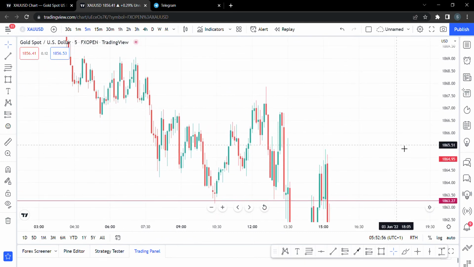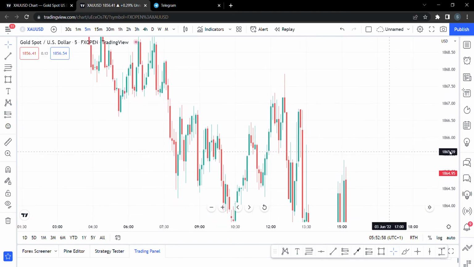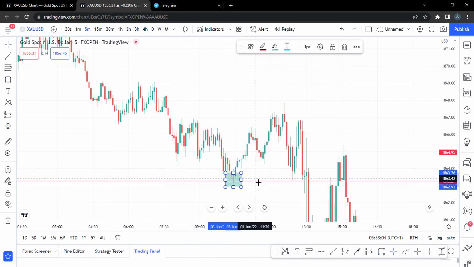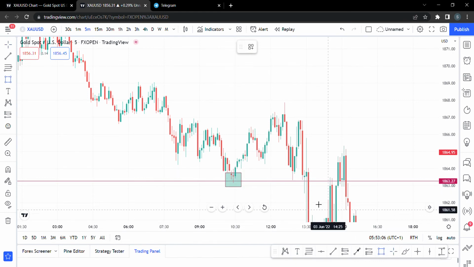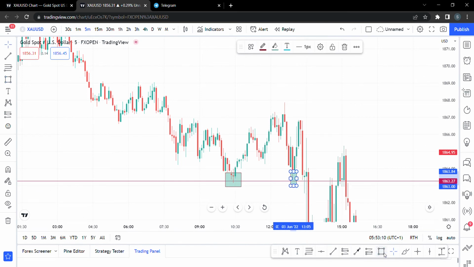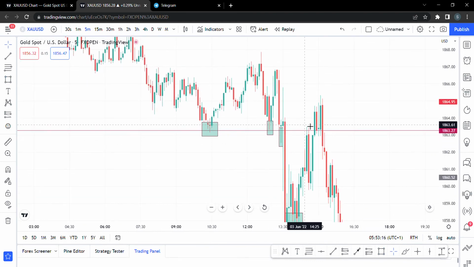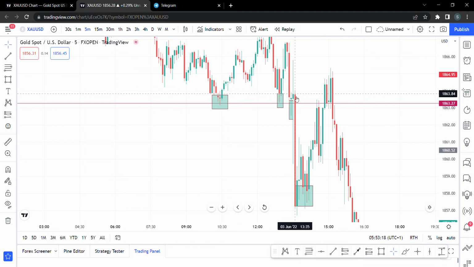So when you look at this, the market was manipulating these lows. It came here, came back again, then finally came back here with this candle. And then what did we have? We had a broken down market.